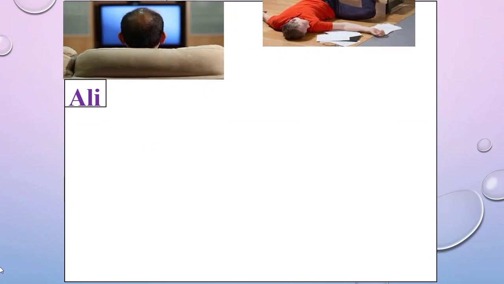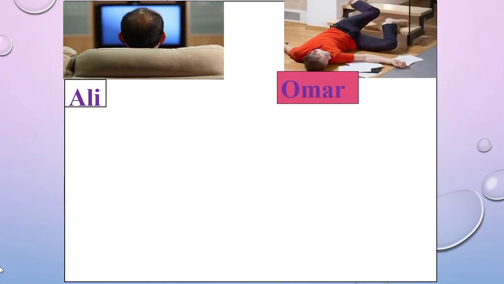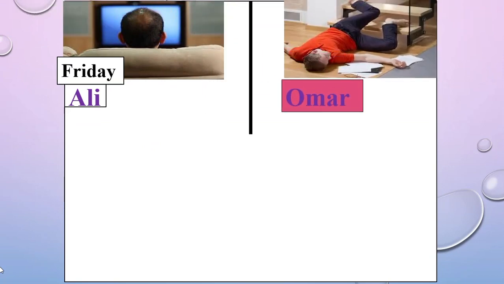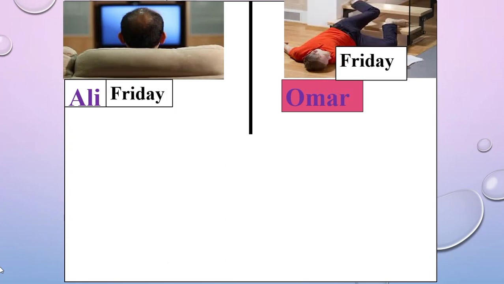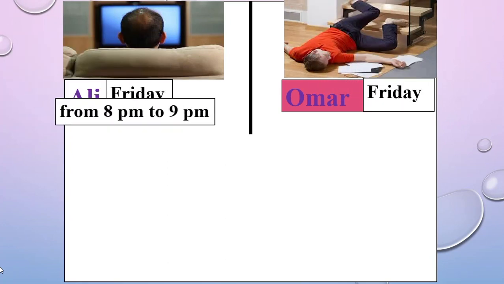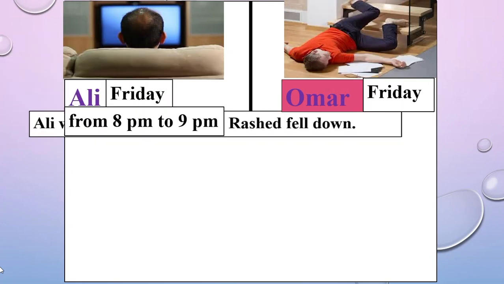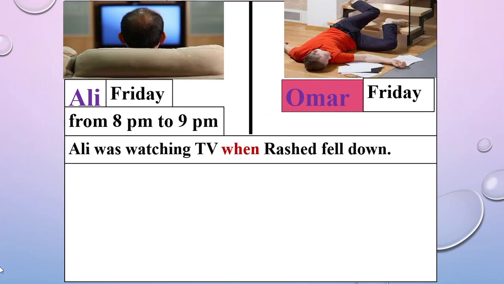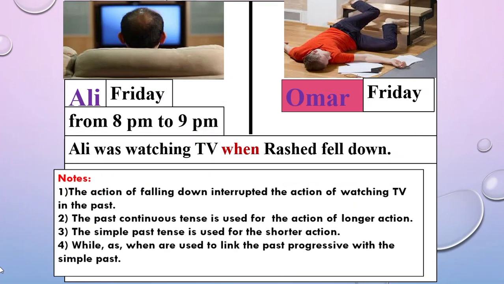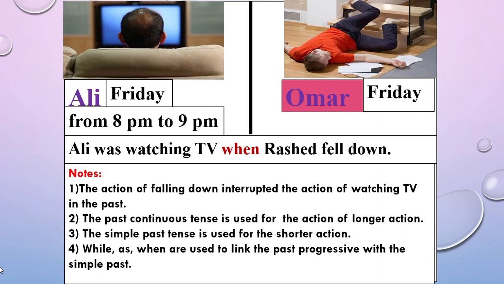Ali, yes, and Omar. On Friday from 8 to 9 p.m., Ali was watching TV when Rashid fell down. Note, the action of falling down interrupted the action of watching TV in the past.